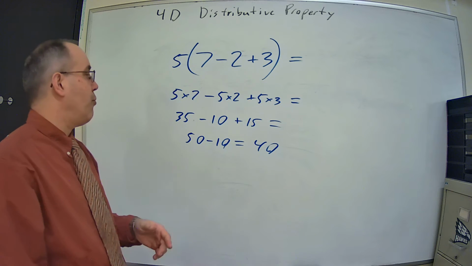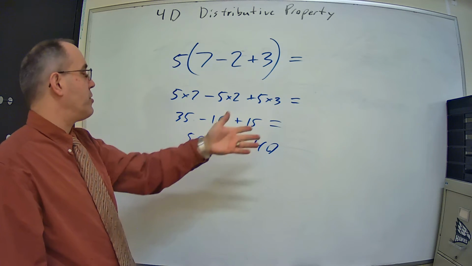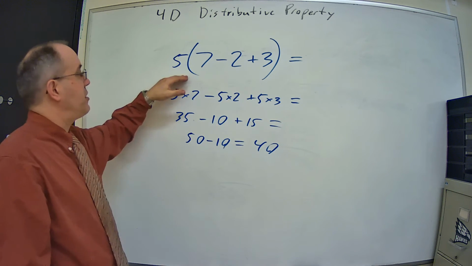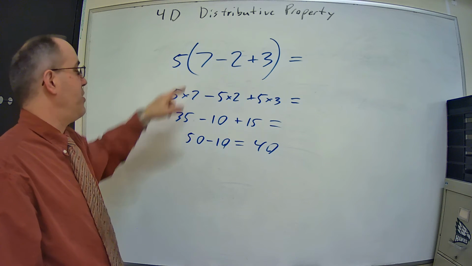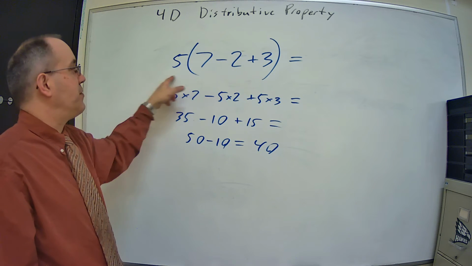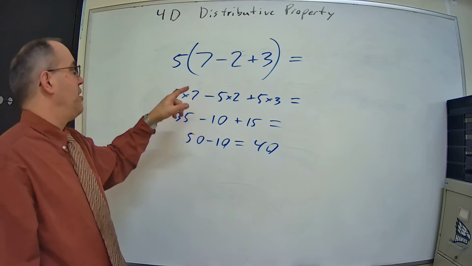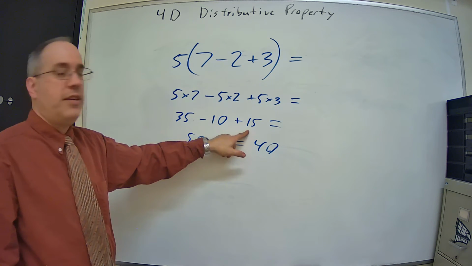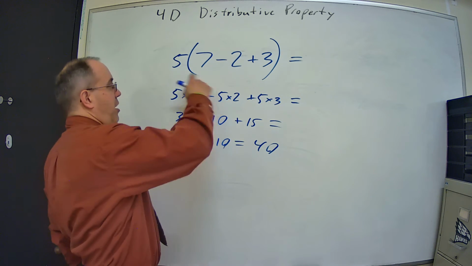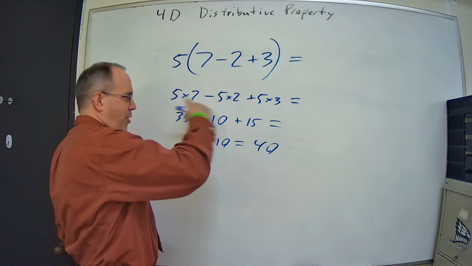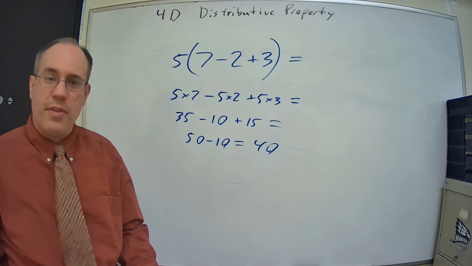But also look at what we could have done here. I wrote it out, but couldn't I have just as easily gone, hey, 5 times 7 is 35, minus 5 times 2 is 10, plus 5 times 3 is 15, and have gone from this step to this step without writing that intermediate step?